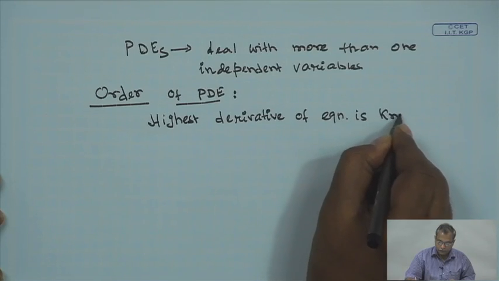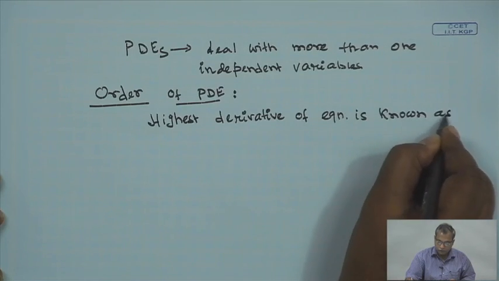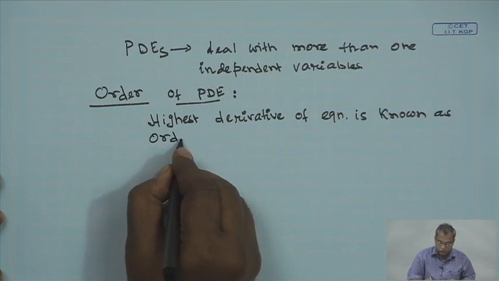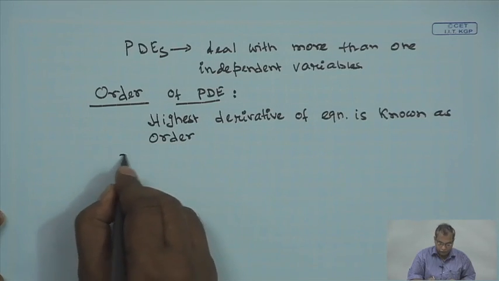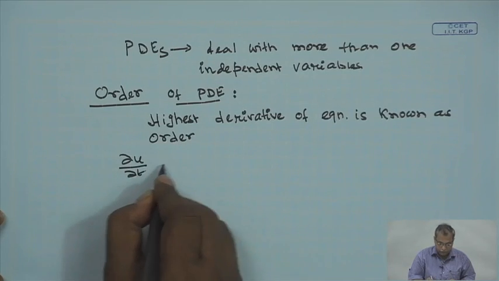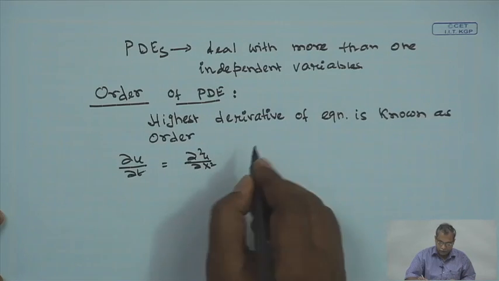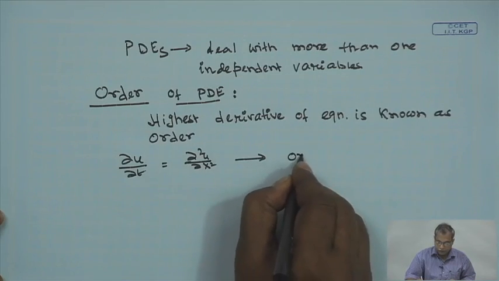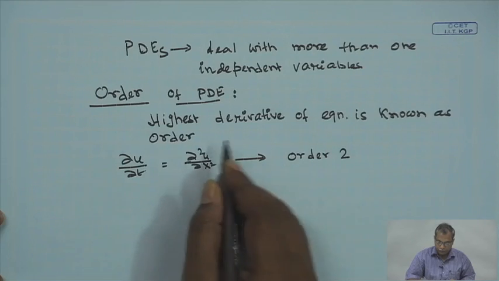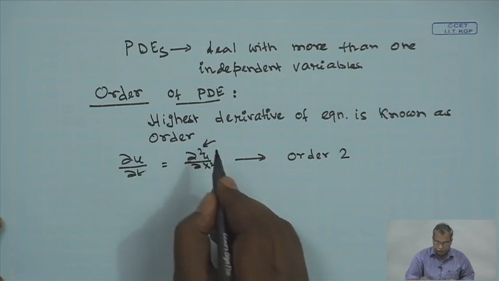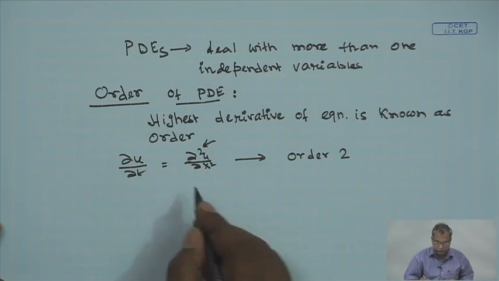For example, del u del t is equal to del square u del x square. In this equation, the order is 2, because the highest derivative that appears here is 2.